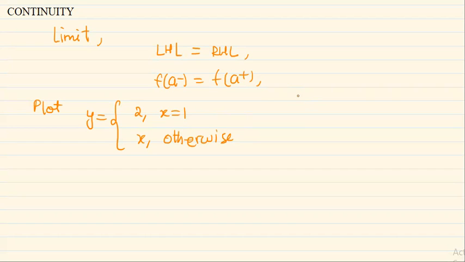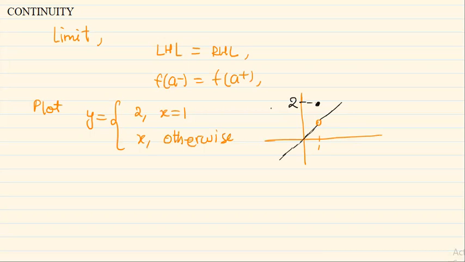So if you plot the graph, you will see that at x is equal to 1, instead of it being 1, it is 2. So you will draw an open circle, and the graph will be like this. It will be a straight line, but this will be an open circle, and here it will be a filled circle, and at this point the value will be 2, right?